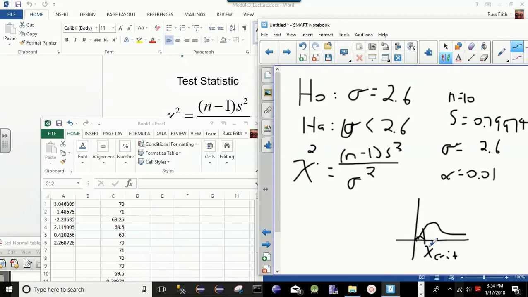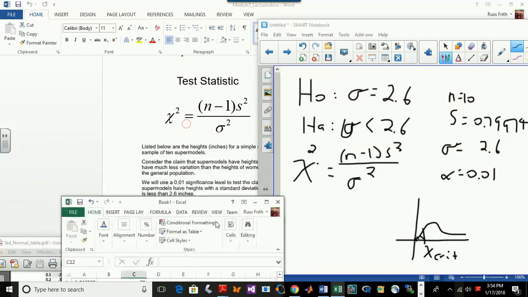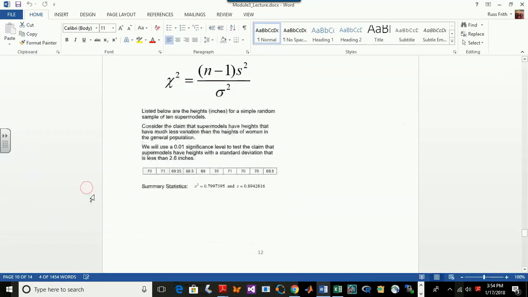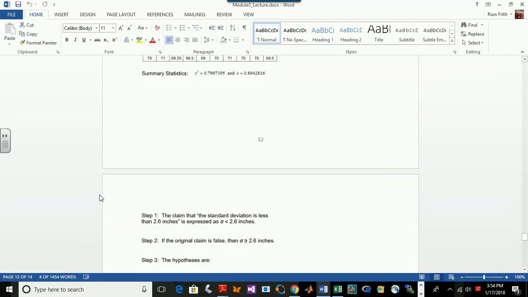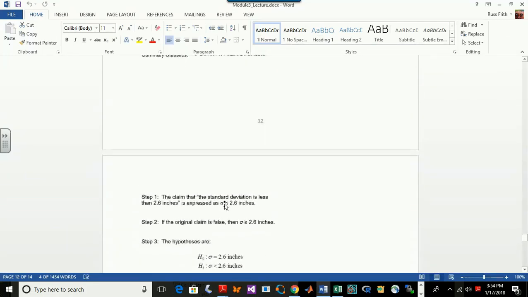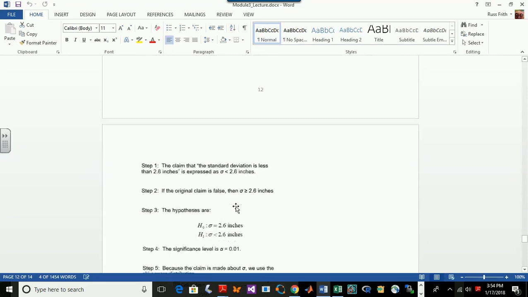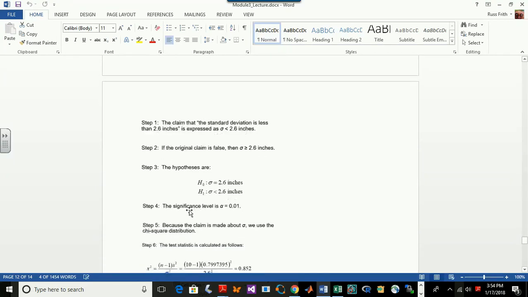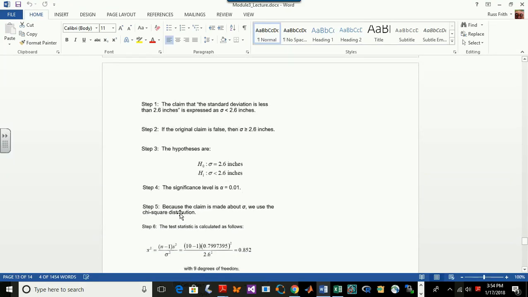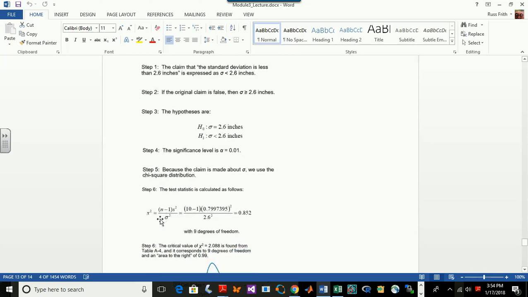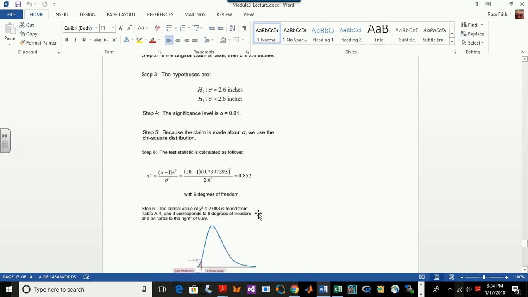So when you calculate your test statistic, is that what they do next? Yeah, so we did this, step 3, step 4 we've done. We're on step 6, so our chi-squared test statistic is 0.852.